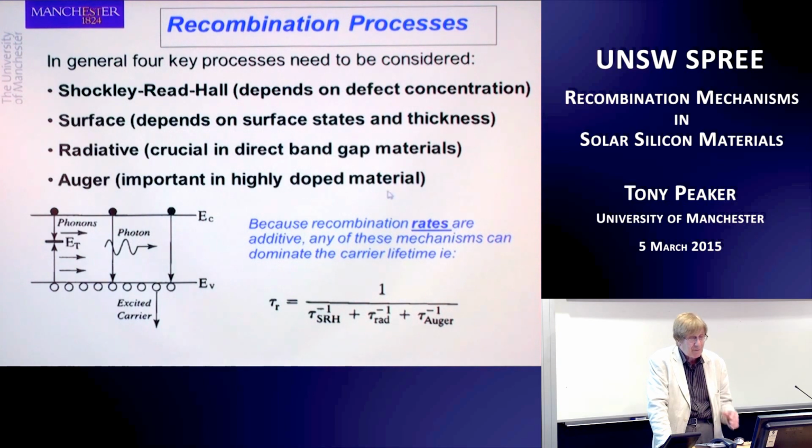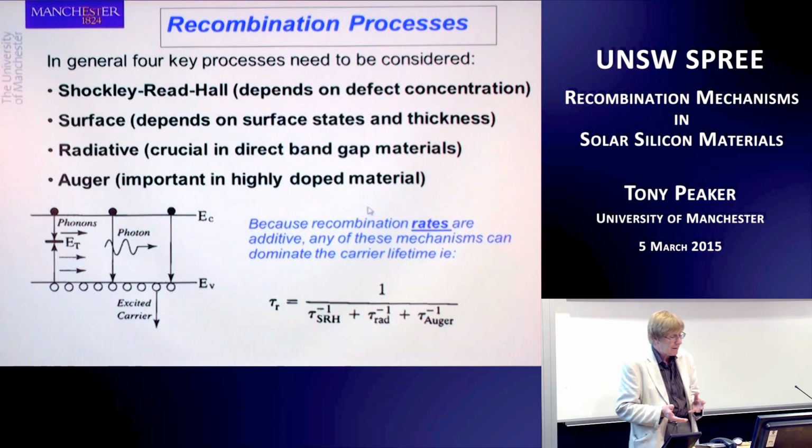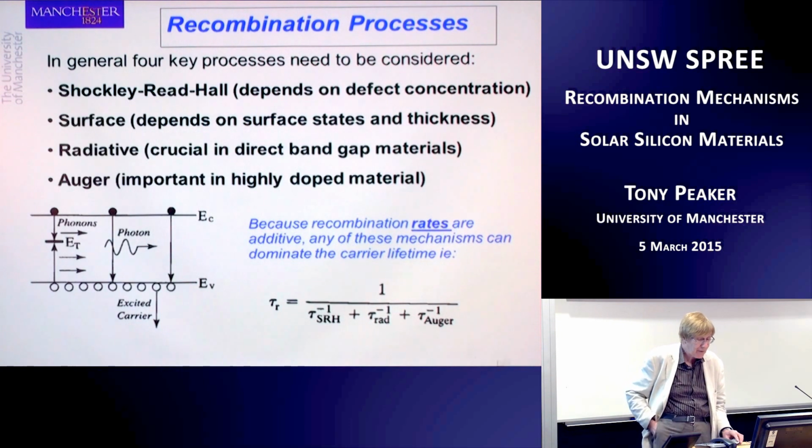So you have to design your cell to avoid getting Auger recombination. The mechanism is that you get recombination, the energy is taken away by a third carrier. But what you have to remember is that all these rates are additive, so that the lifetime is the sum of the reciprocals of these.